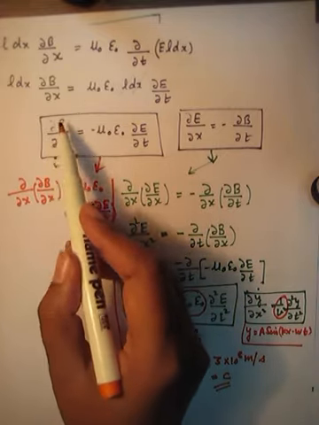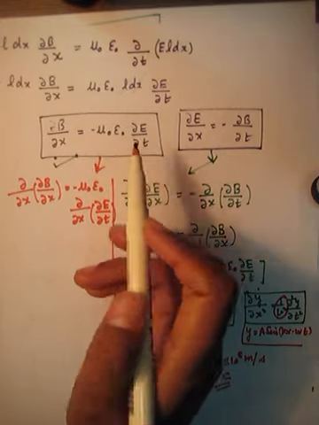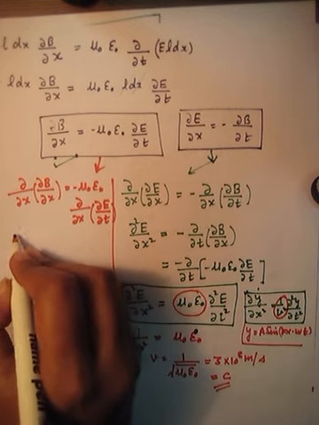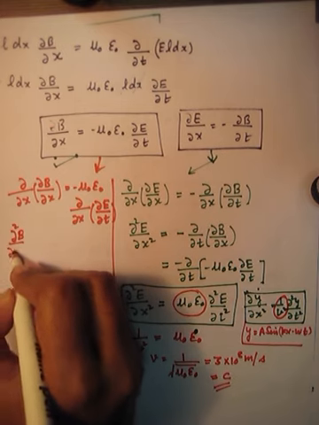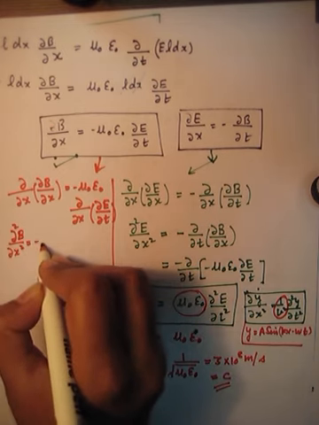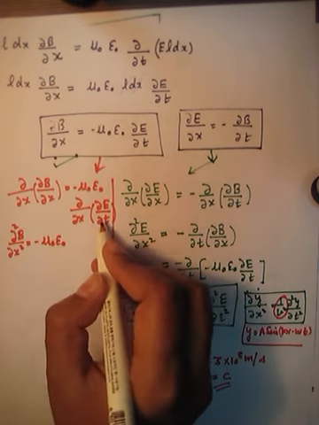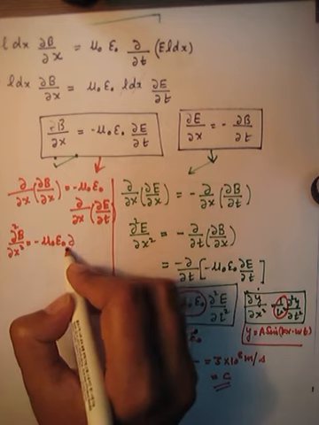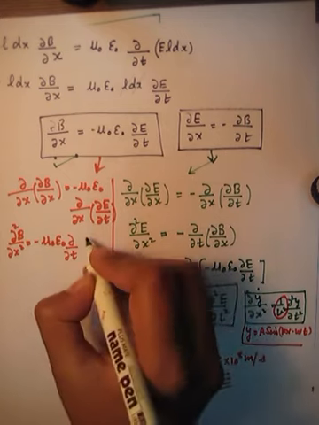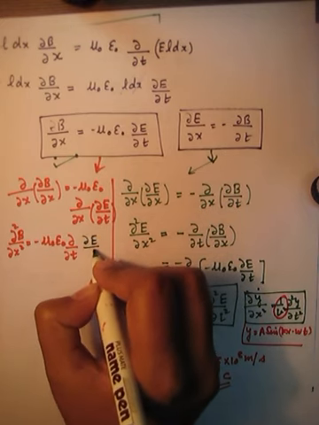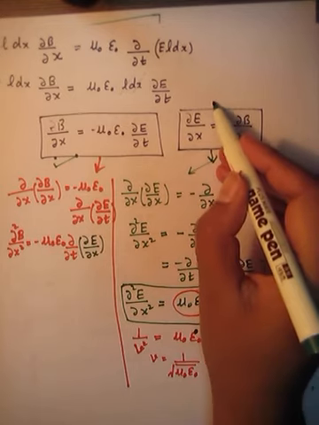So it will be ∂/∂x of this minus μ₀ε₀ ∂/∂x of this. So this equation becomes ∂²B/∂x² is equal to minus μ₀ε₀. Let's exchange t and x, so it will be ∂/∂t of ∂E/∂x. Okay, now we know what ∂E/∂x is.